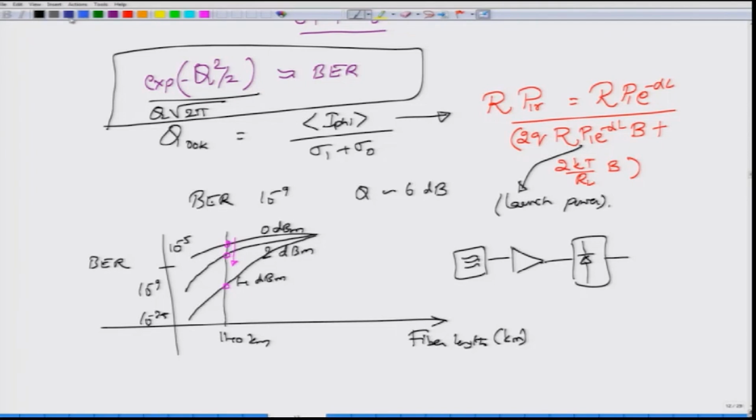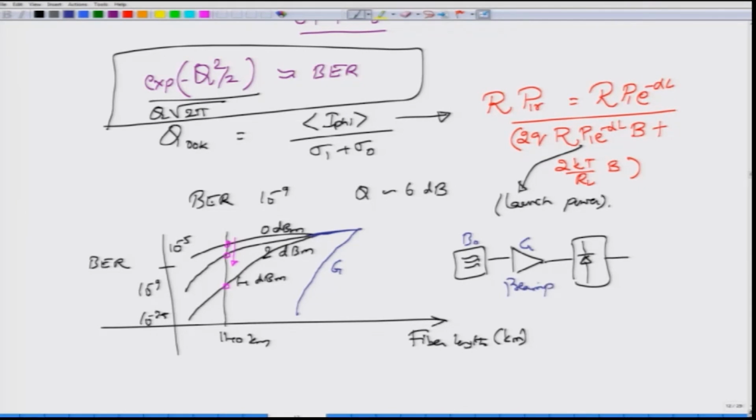For higher lengths they will all converge, but at lower lengths of the fiber they would exhibit a behavior that goes like this. This of course depends on the gain of the amplifier and the bandwidth of the optical filter, but the general idea is that this amplifier at the input of the receiver side is called the pre-amplifier.